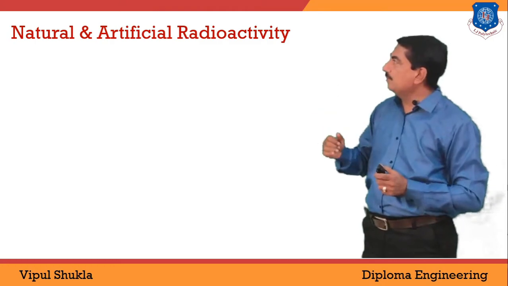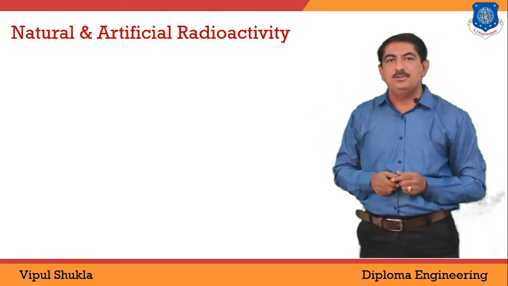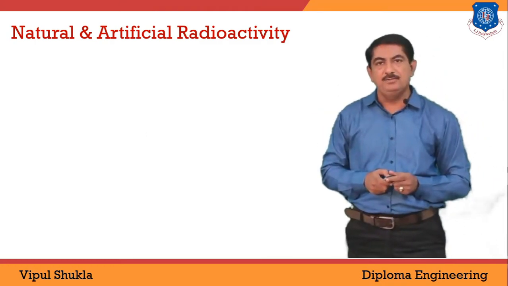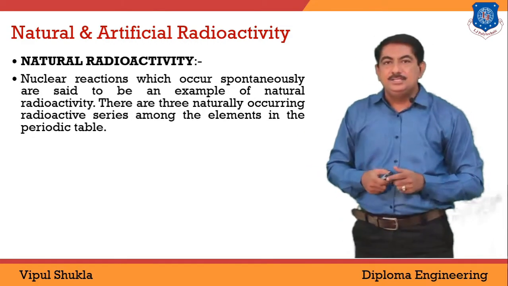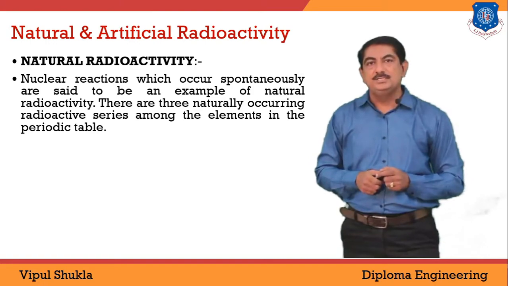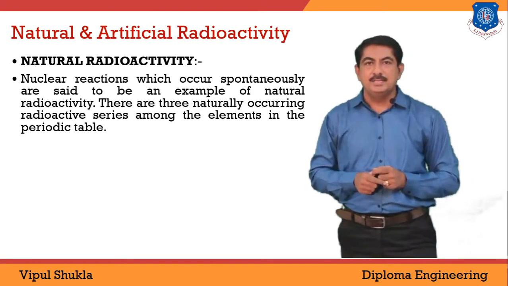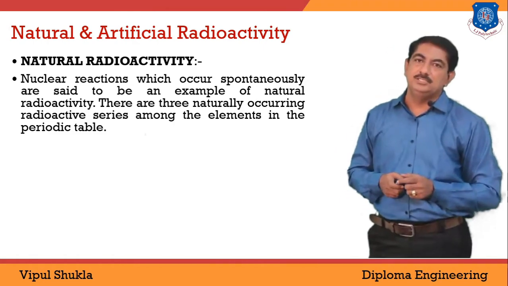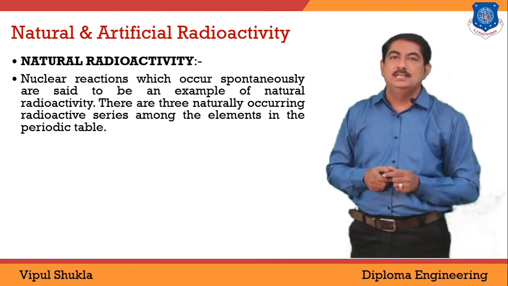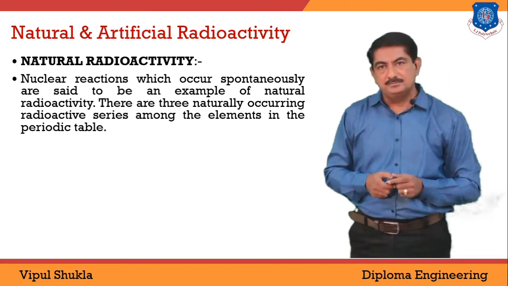Next, types of radioactivity. There are two types of radioactivity, natural as well as artificial radioactivity. What about natural radioactivity? Natural radioactivity means an element which is available in nature and which is active in nature. Such an element is known as a natural radioactive element.